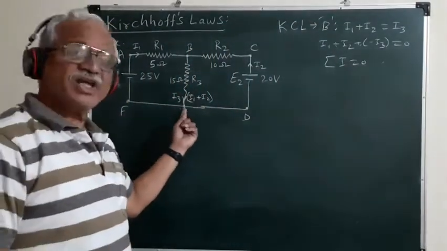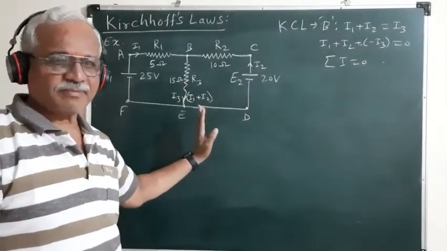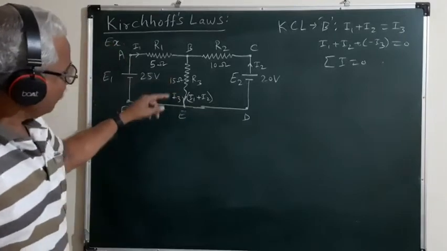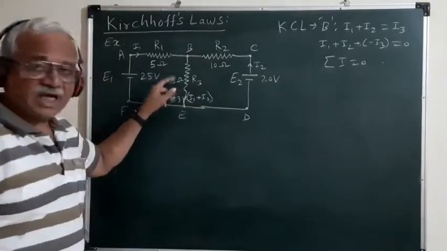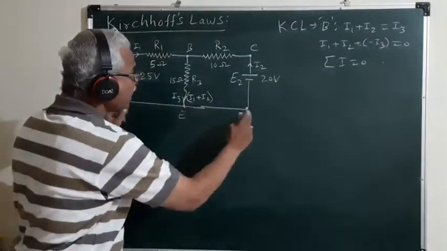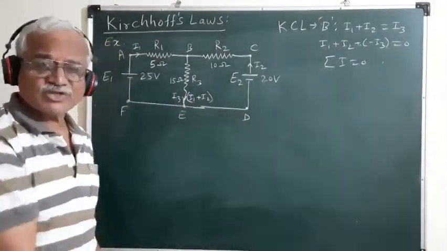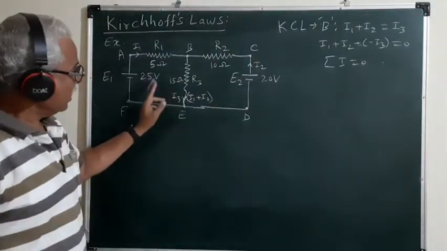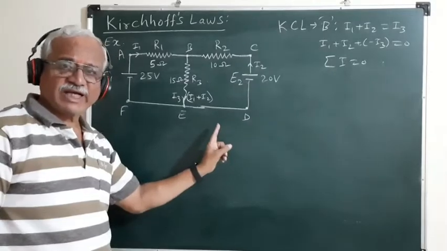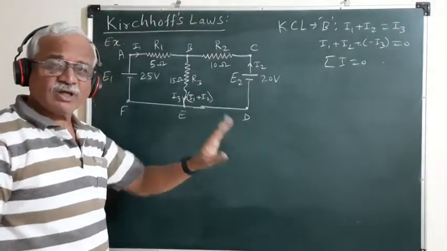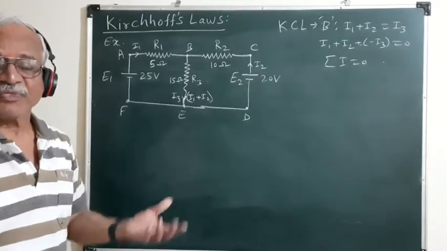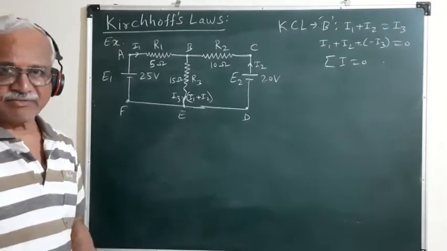Similarly, at junction E we can write the same thing, the other way around. For junction E, the current I3 is approaching the junction, and the currents I1 and I2 are leaving it, so I3 must be taken positive and I1 and I2 negative. Depending on the junction to which we apply Kirchhoff's current law, we have to decide the sign convention.